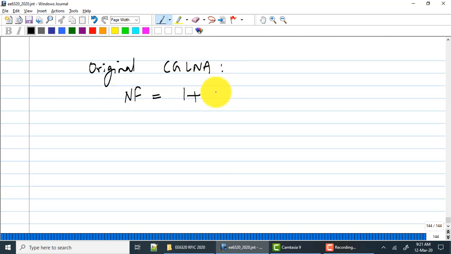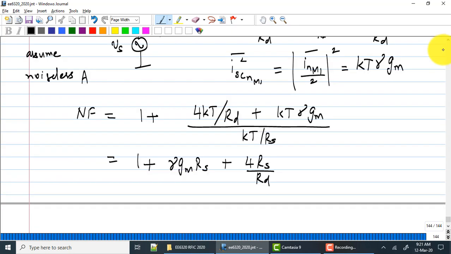So now you see that the noise from the transistor has come down by a factor GM RS, right? It has changed by a factor GM RS. What is GM times RS?